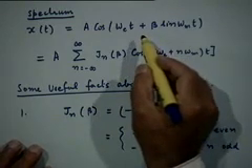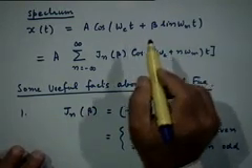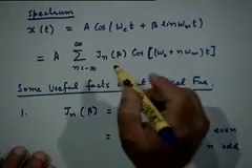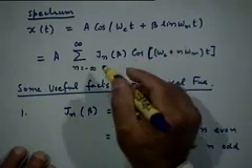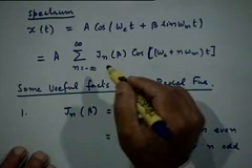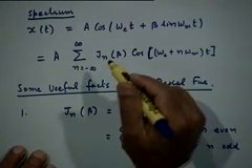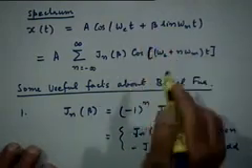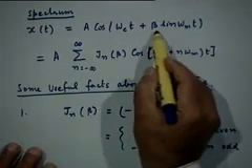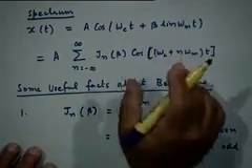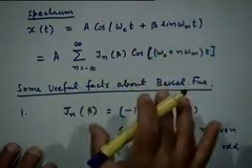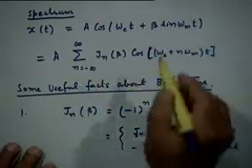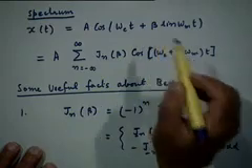Beta is equal to kp times Am for the case of phase modulation, and kf times Am upon omega m for the case of frequency modulation. But nevertheless it is a factor which has some very important relevance to the present discussion, which we will come to very soon, and we call it the modulation index.